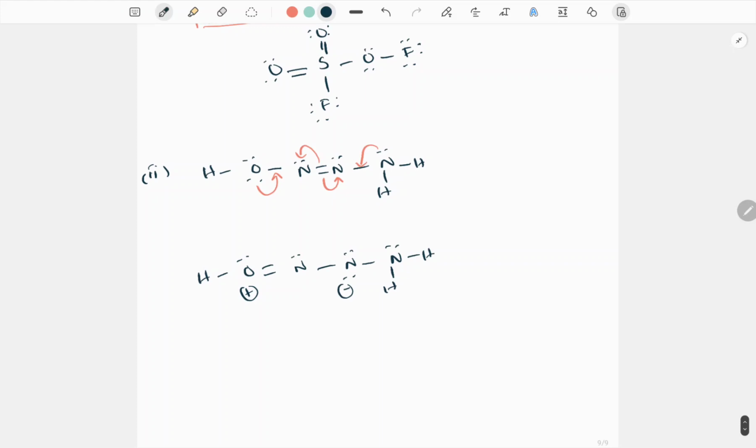I will write a double bond here, H, nitrogen, lone pair, single bond, two lone pairs now, oxygen, two lone pairs, hydrogen. What's the formal charge distribution? Oxygen is 0, this nitrogen will be 0 and this nitrogen will be plus. Now we have obtained two resonance structures.